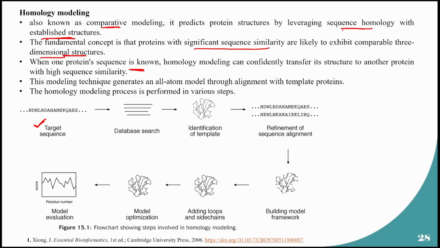Because you need the homologous sequence. So a correct template has to be identified using a database search. And then when you have a template in hand, you can further refine the sequence alignment, of course, because by aligning only you will get to know that this particular residue's structure can be attributed to this particular section of the unknown protein, right? Unknown protein structure.